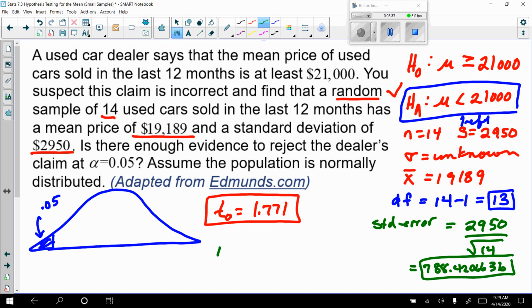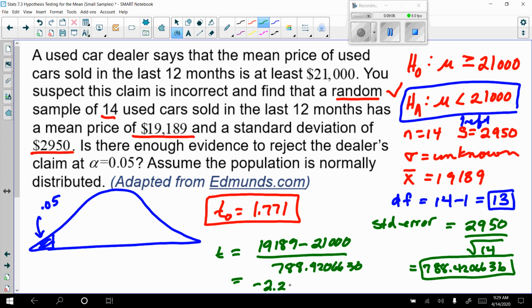Now we're going to find our t value by taking our sample mean, which is 19189, minus our population mean, 21,000, divided by the standard error, which gives us a t-score of negative 2.296997128.